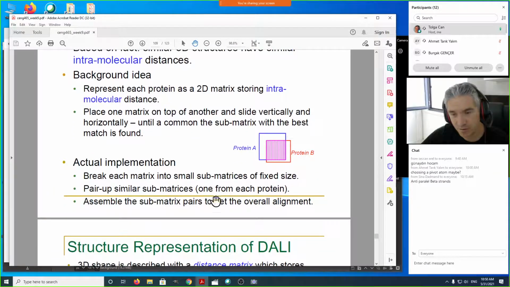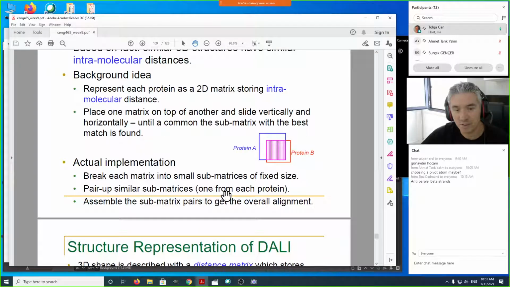So what they do is, as I told already, they break the matrix just like in BLAST. They try to find small, nice matching regions. They first break each matrix into overlapping submatrices of fixed size, probably 8 by 8, and then pair up similar submatrices. Just like in BLAST, there were high scoring pairs. This is like those high scoring pairs.